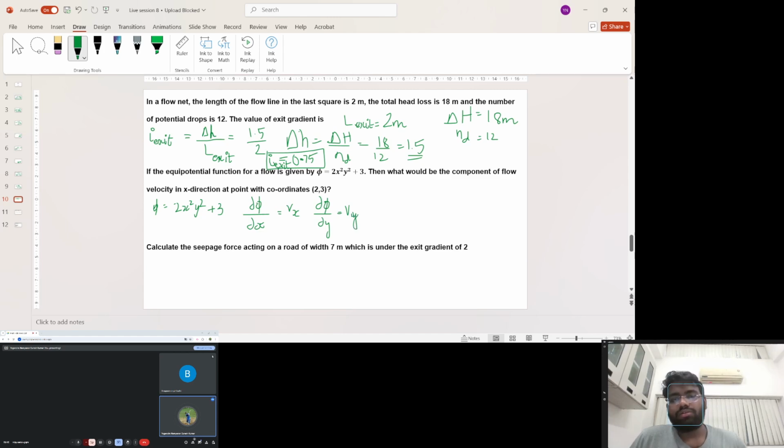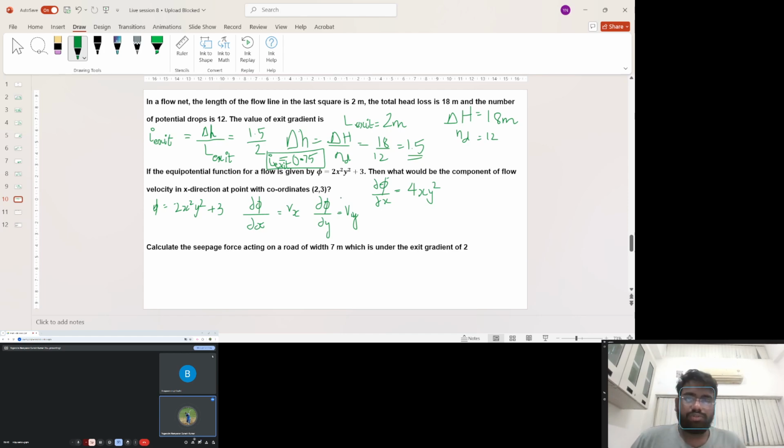Alright, now we need to partially differentiate this function with respect to x. So that will yield dou phi by dou x is equal to 4xy square. The differentiation of the constant will be 0.